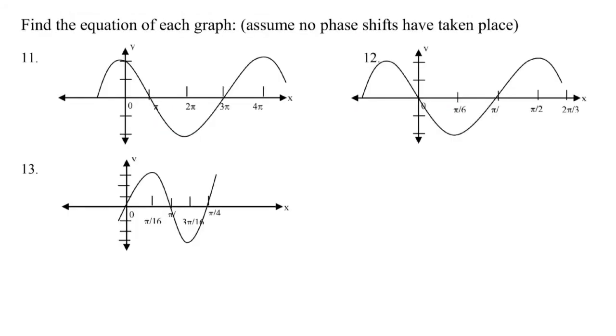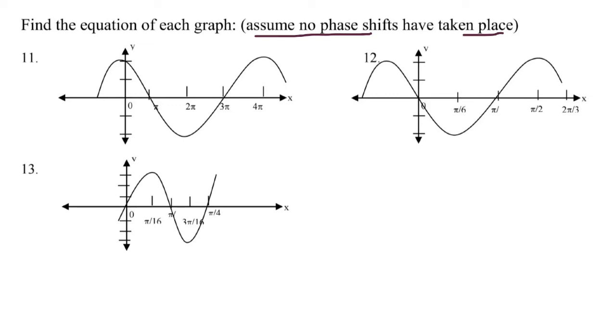We need to look at the graph and we need to assume no phase shifts have taken place. That way we don't run into an infinite amount of possible answers. So it's a good idea to know where sine and cosine start, and just like earlier with our graphs, it was good to know that cosine started at 1, sine started at 0.